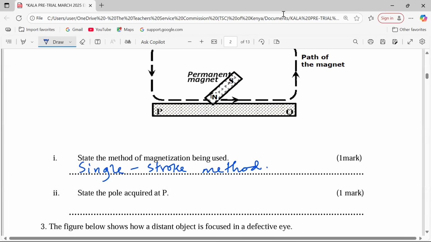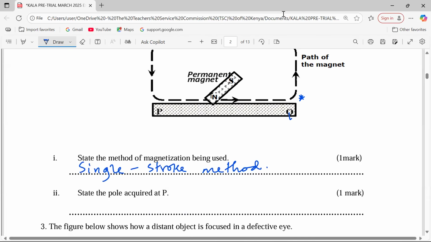So at P, there will be some polarity, but let's focus at Q first. At Q, this is where the stroking is ending. And we usually say, where the stroking ends, that particular end of the material being magnetized by stroking method acquires a polarity opposite to the end of the magnet.